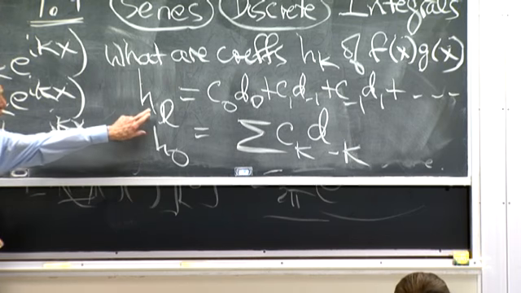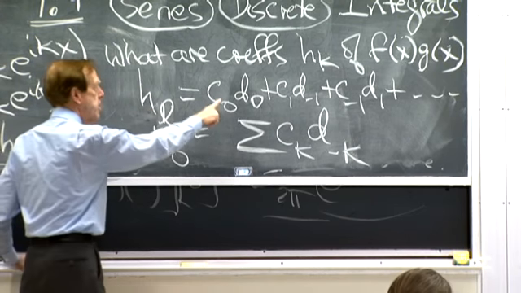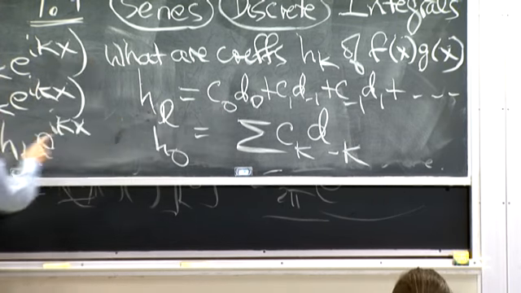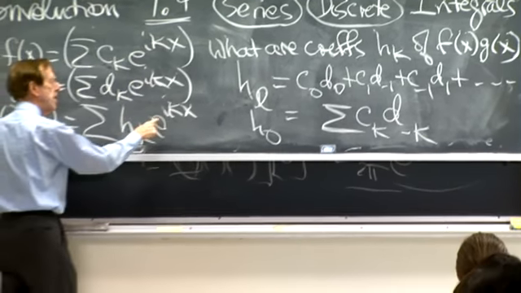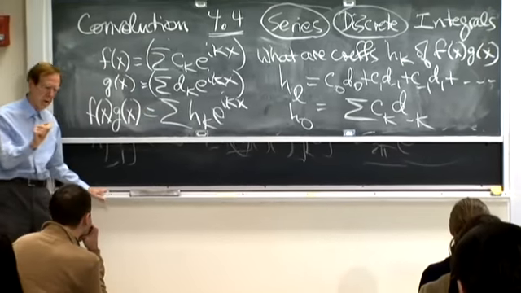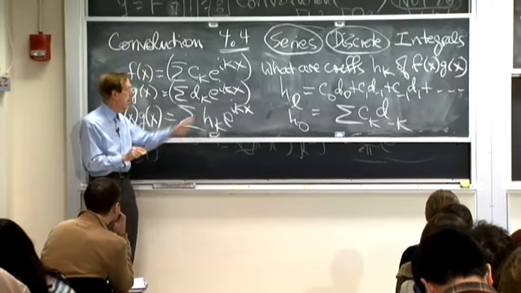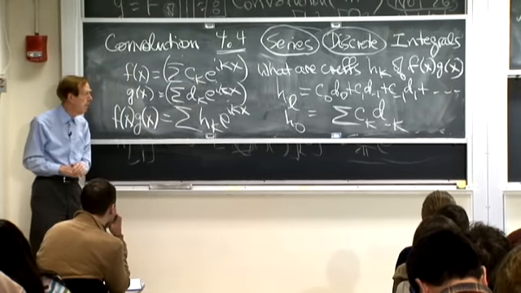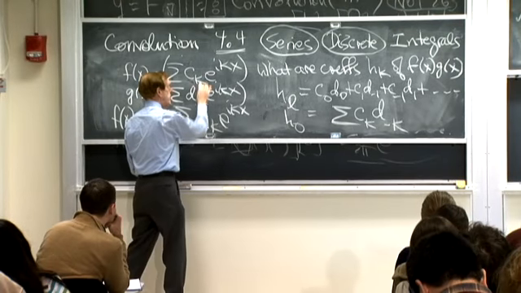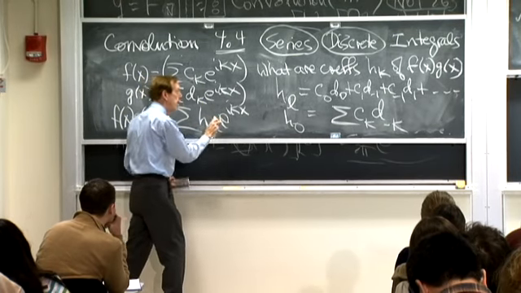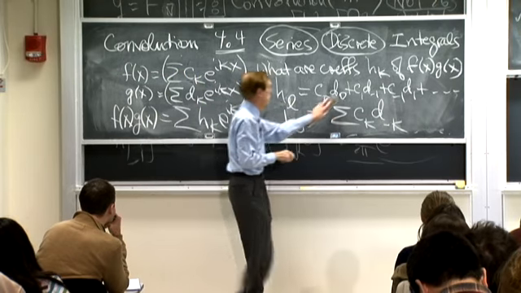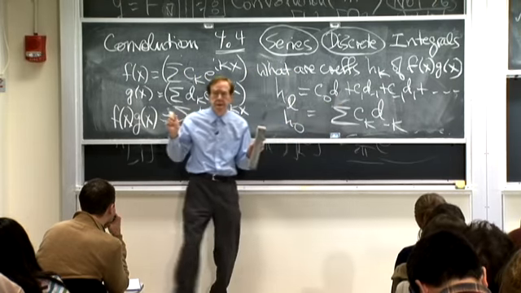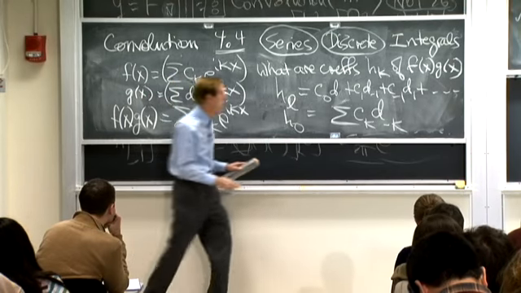Okay. Now you're going to fix hl. So what does c0 multiply? If I'm looking for hl, I'm looking for the coefficient of e to the i lx. So ask yourself, how do I get e to the i lx when that multiplies that? I get one when c0 multiplies what? This is it. dl, right.